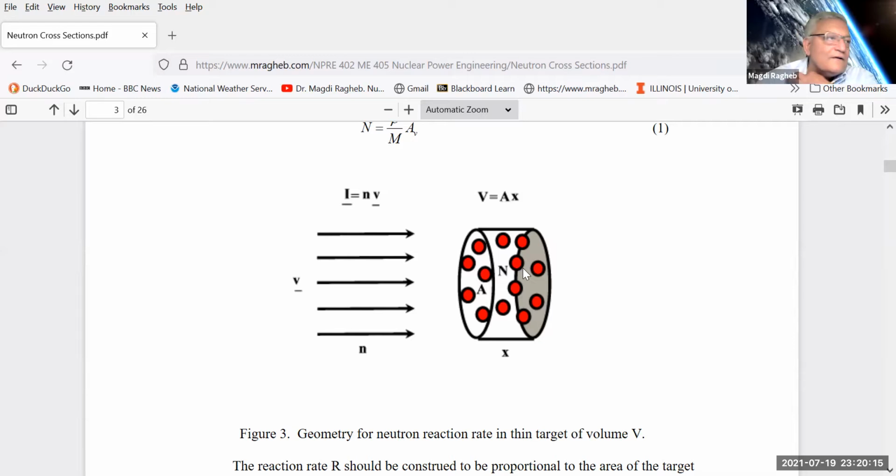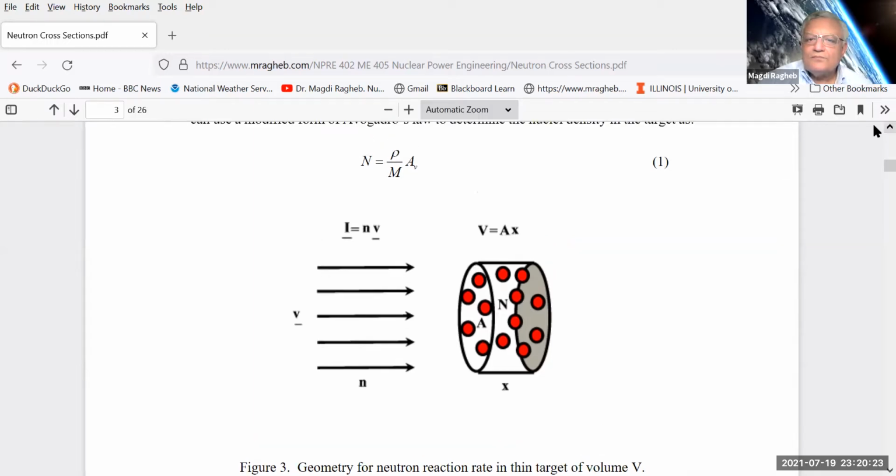So in that case, this is the number density or the density of the nuclei in the target material. It could be uranium, it could be wood, it could be concrete, stone, whatever. How do we calculate that capital N or the number of nuclei per unit volume?